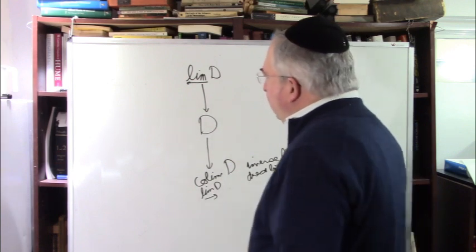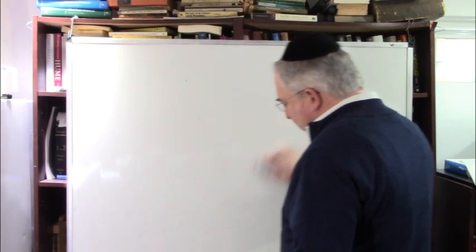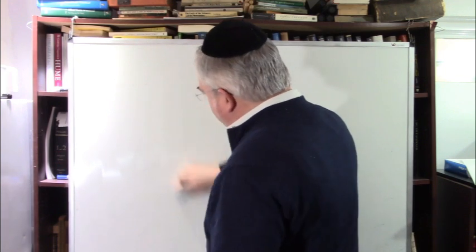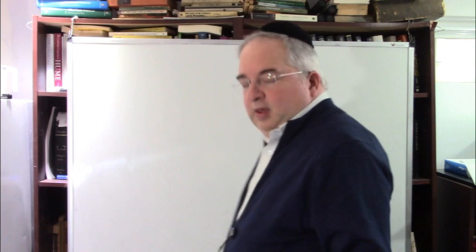Now, some other ideas. Namely, limits and colimits, especially of finite diagrams, can be made from other smaller limits and colimits.